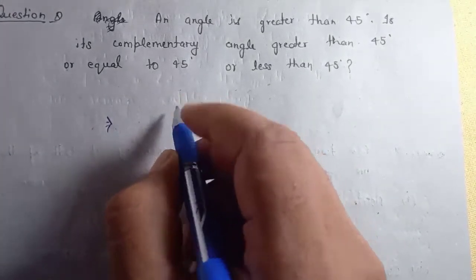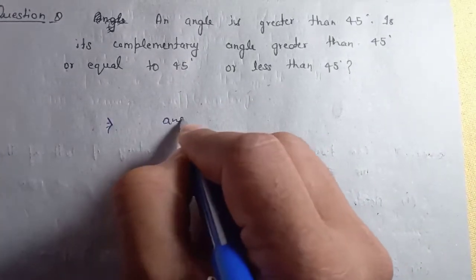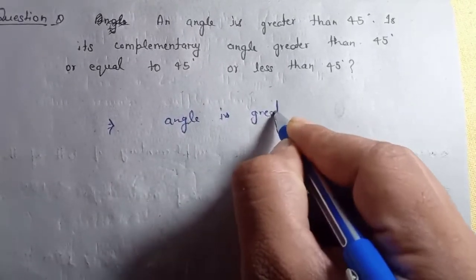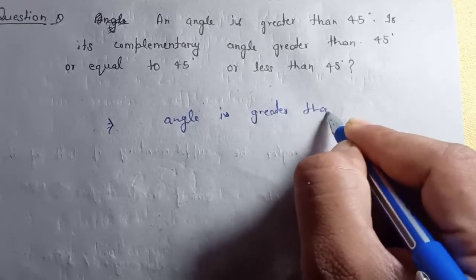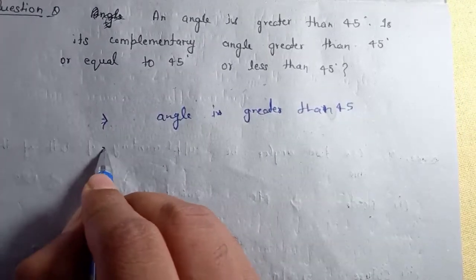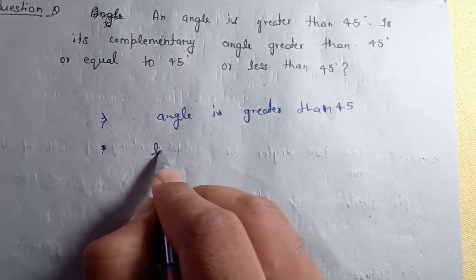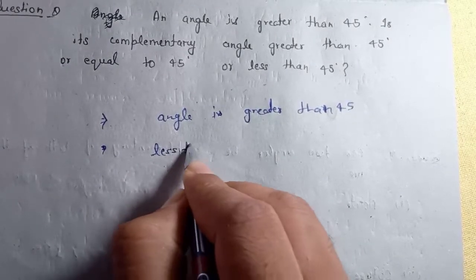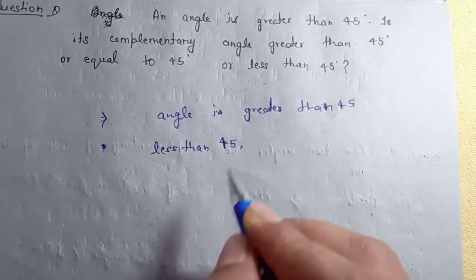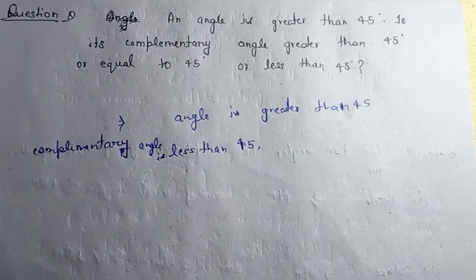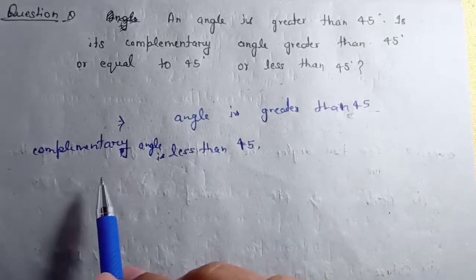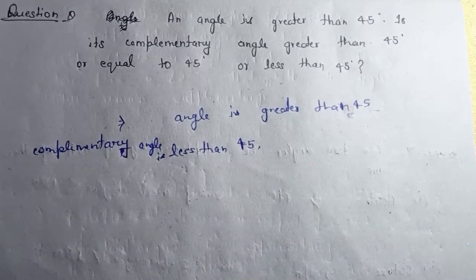If the angle is greater than 45 degrees, then in this case the complementary angle is less than 45. In morning class we have discussed all this. So here you can write, if the angle is greater than 45 degrees, the complementary angle is less than 45.